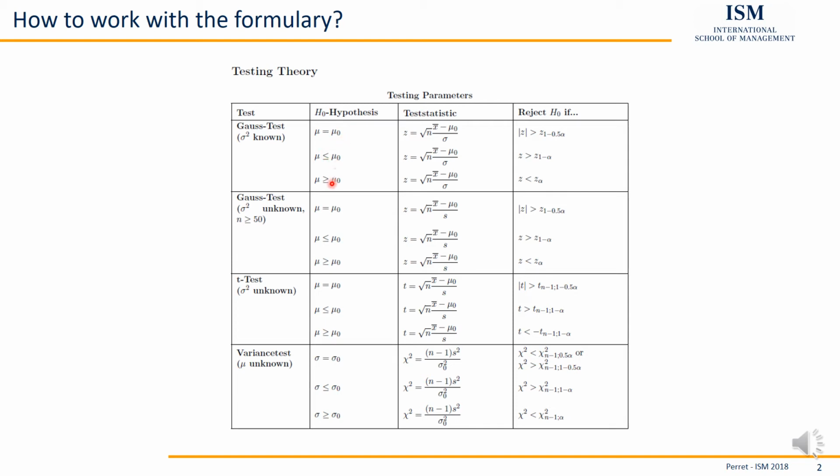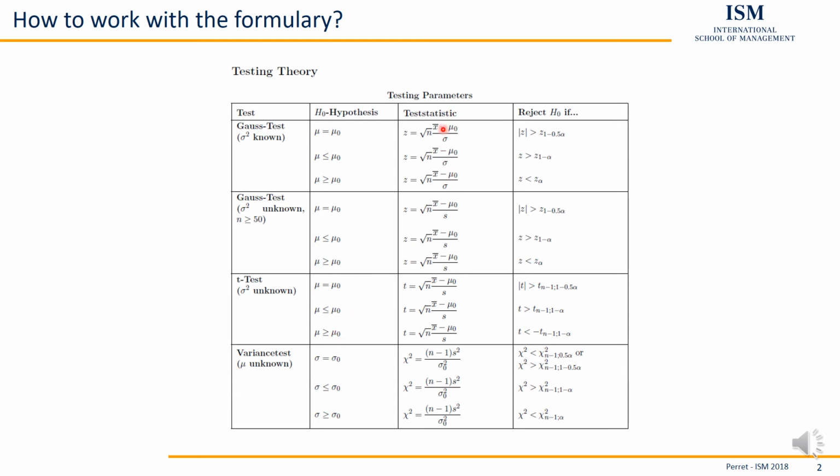The second and third row, it's always a one-sided test. So in this case, I want to show that the true mean is larger than the testing value. Here I want to show that the true mean is smaller than the testing value. And the same thing goes for this Gauss test and this t-test version as well.